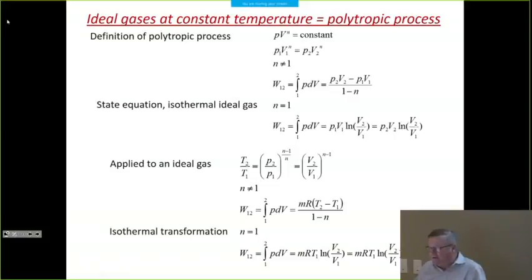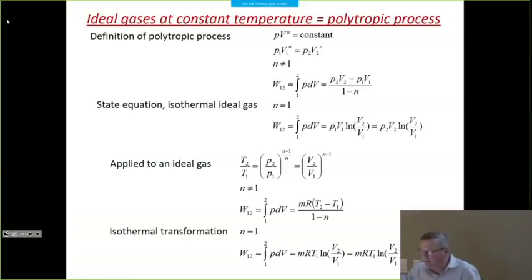Let's now take a look at what happens when these things do work in a polytropic process. Now, let's be careful a little bit. To a certain extent, the ideal gas law itself is a polytropic process, but it can be generalized to this.